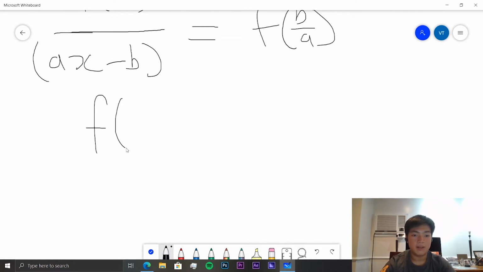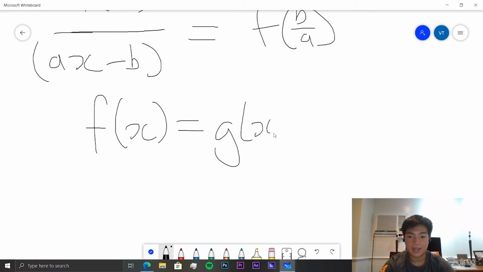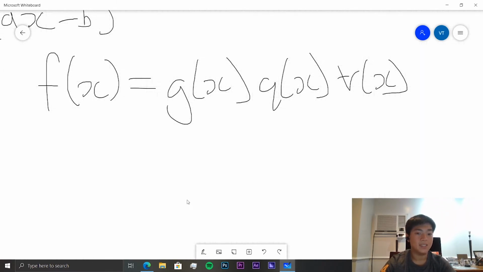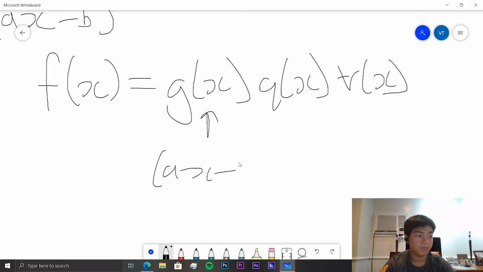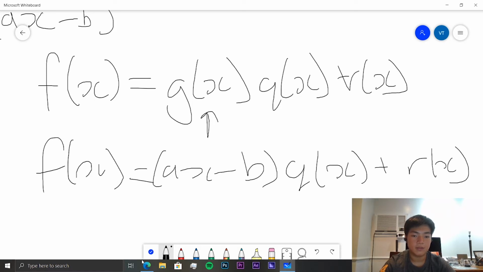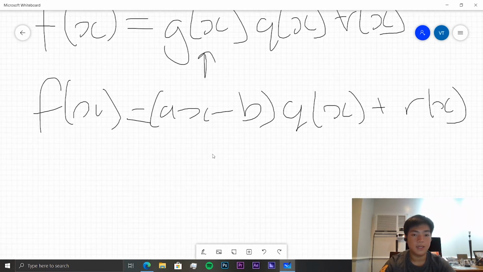So we know that, of course, f of x is equal to g of x times q of x plus r of x. But we actually need to transform this, since we know g of x equals ax minus b, that times the quotient, plus r of x, because you can sub in our linear expression over there.